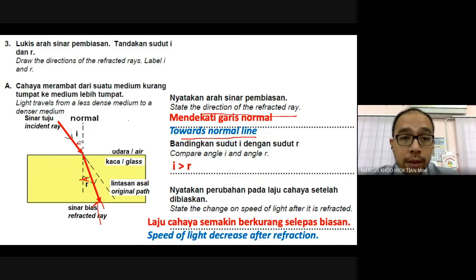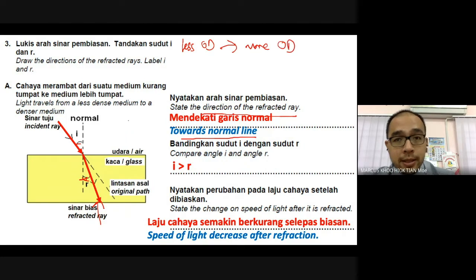Number one is that when you're going from less optically dense to more optically dense, for example, from air into glass, a few things happen.